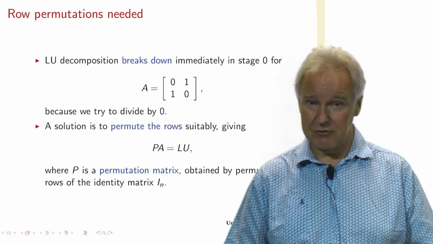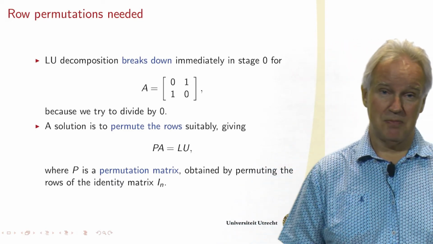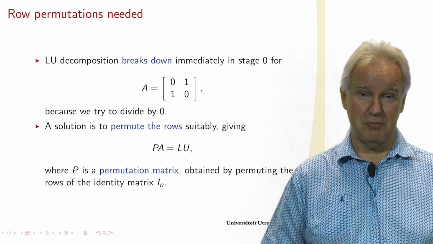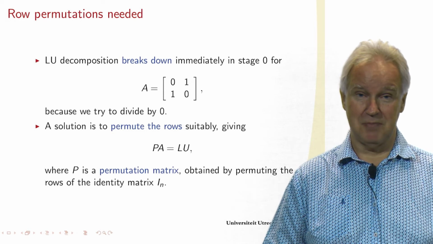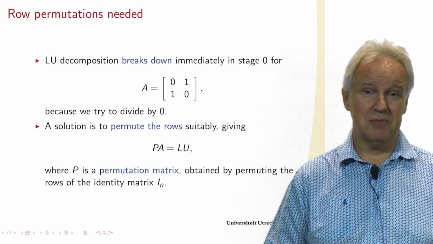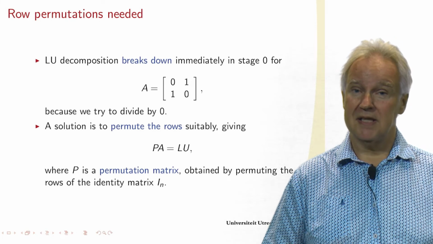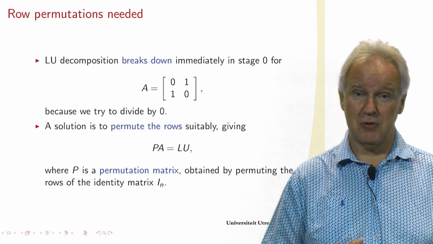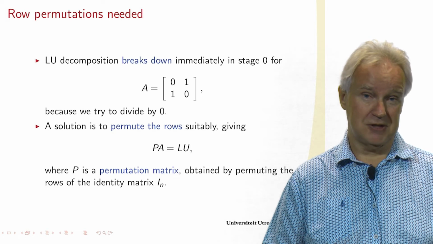The definition of a permutation matrix is a matrix that you obtain by permuting the rows of the identity matrix. So a permutation matrix has only one 1 in every row and in every column, and for the rest it contains zeros.